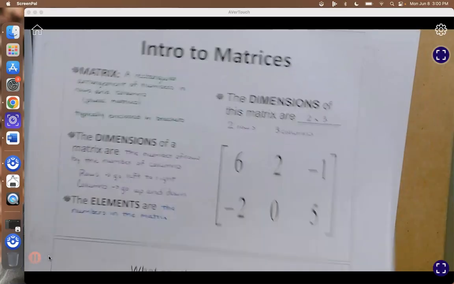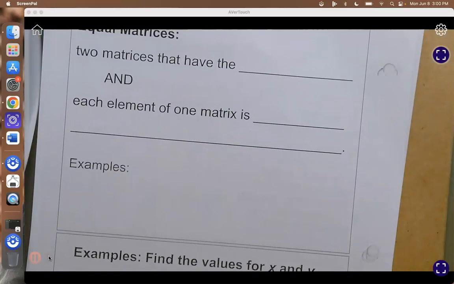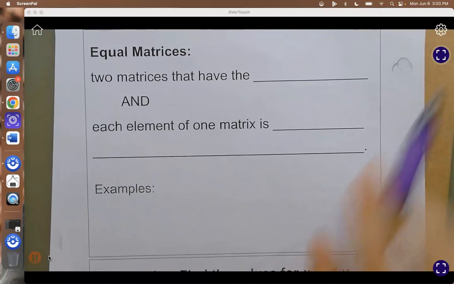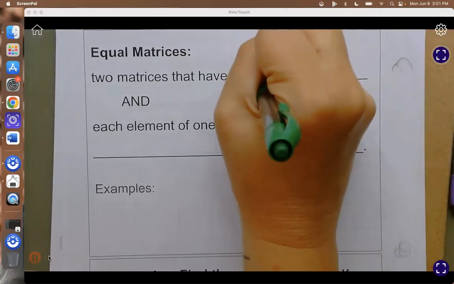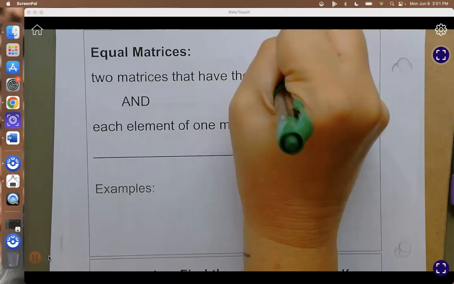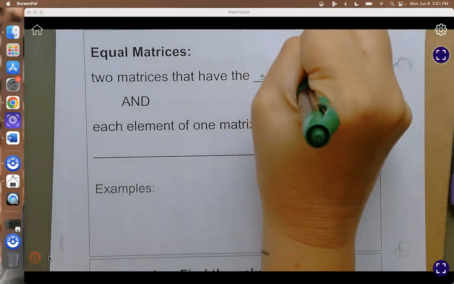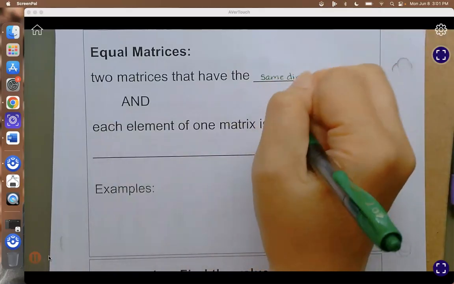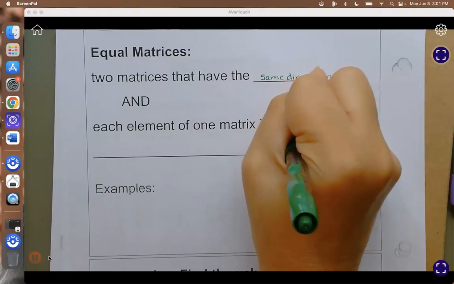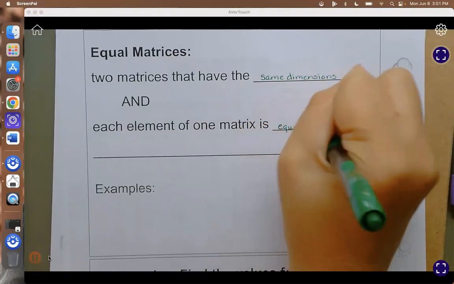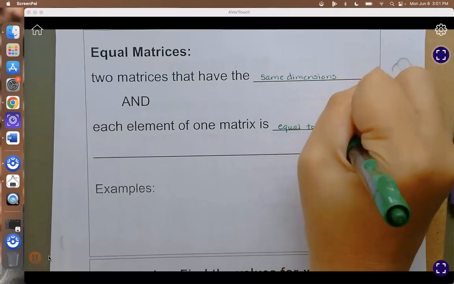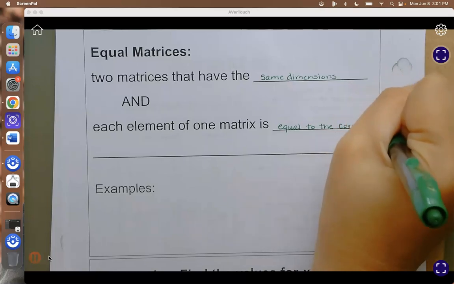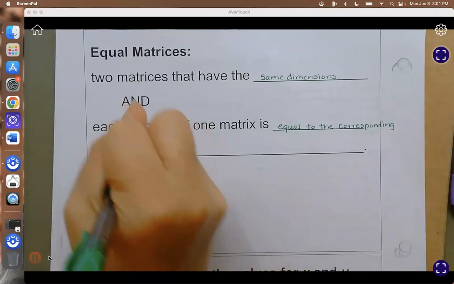Alright, now equal matrices. Okay, equal matrices are two matrices that have the same dimensions and each element of one matrix is equal to the corresponding element of the other matrix.